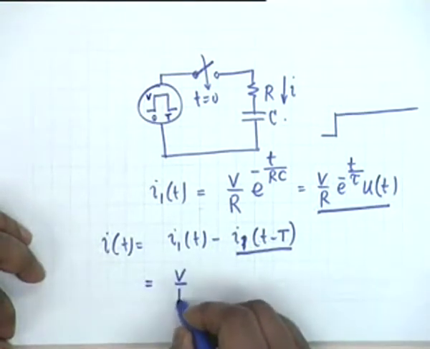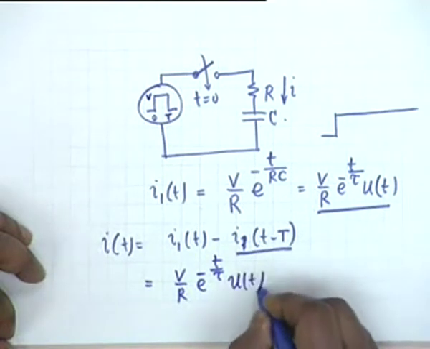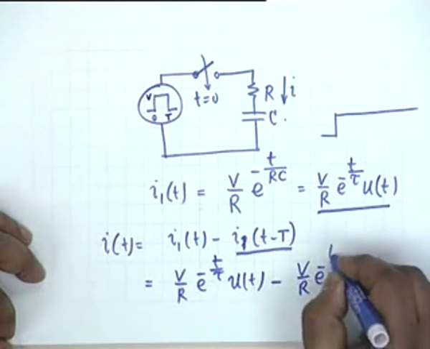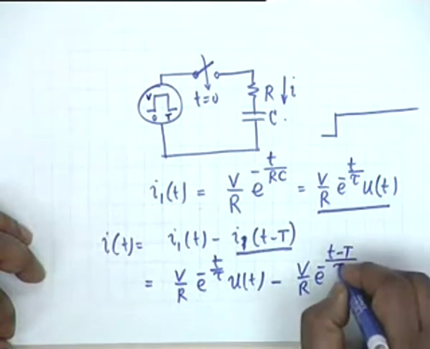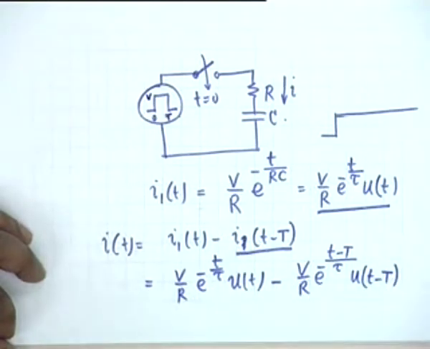Therefore what I get is V by R e to the minus t by tau u(t) minus V by R e to the minus, instead of t we shall have t minus capital T divided by tau, u(t minus capital T). Is this clear? Is this point clear?